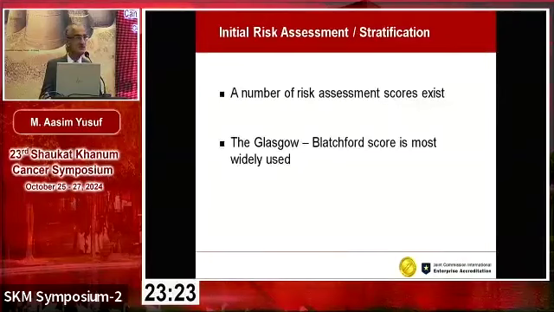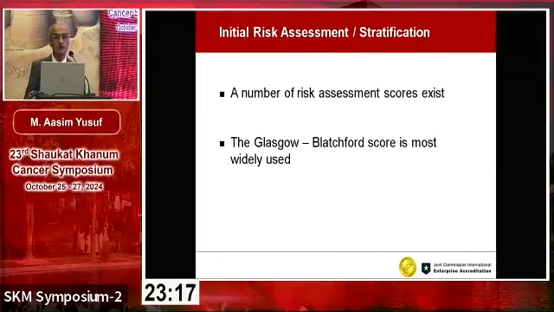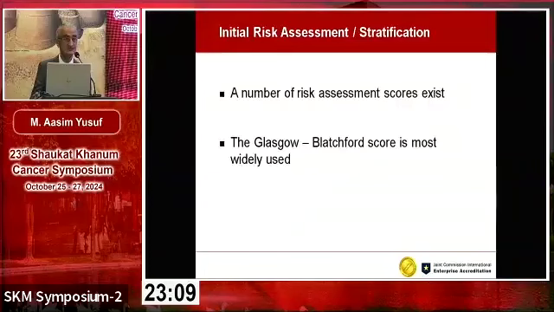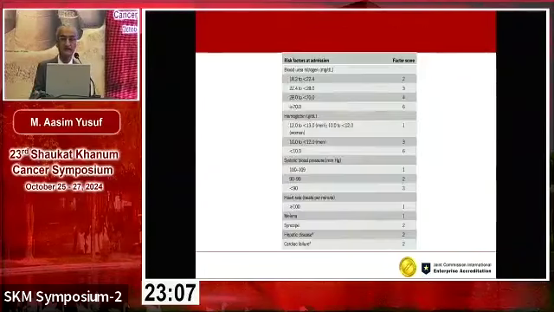In terms of initial risk assessment and stratification, a number of risk assessment scores exist. You'll have heard of many of them, the Rockall score, the Glasgow-Blatchford score, and others. Glasgow-Blatchford is the most widely used and is the one recommended by the guidelines today.